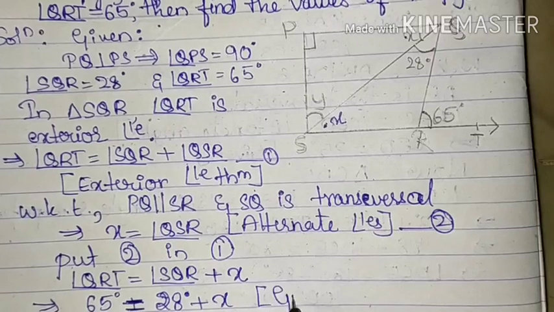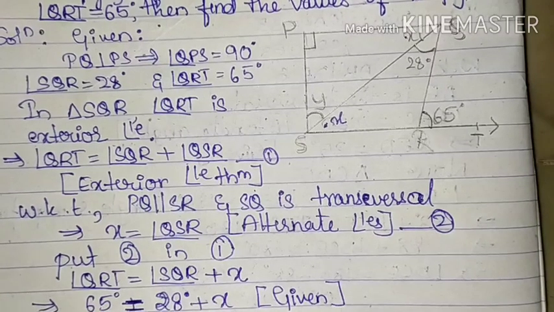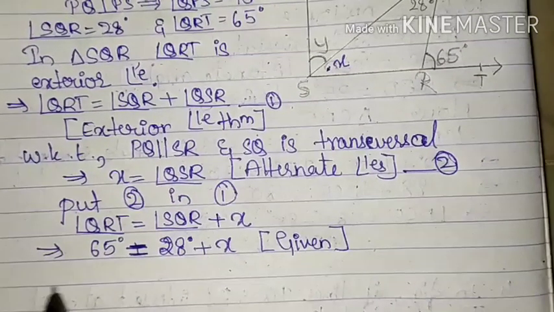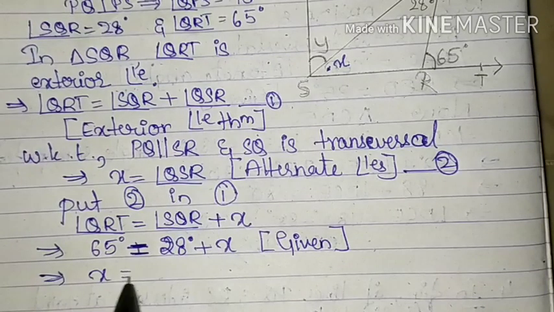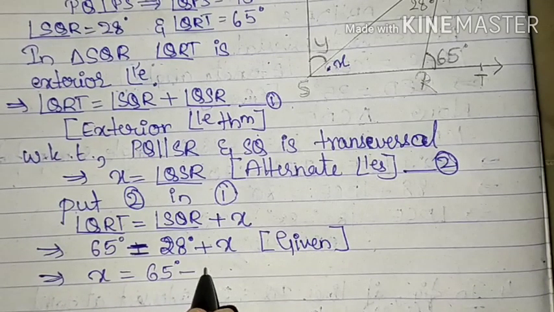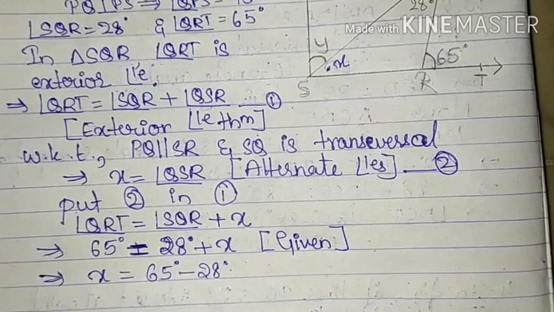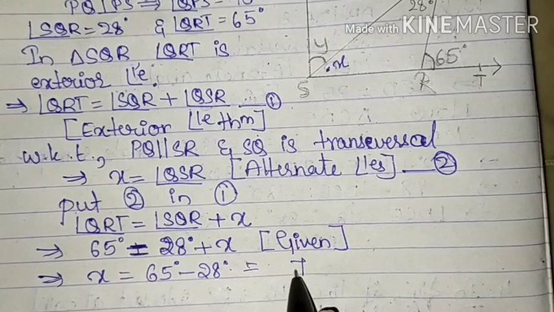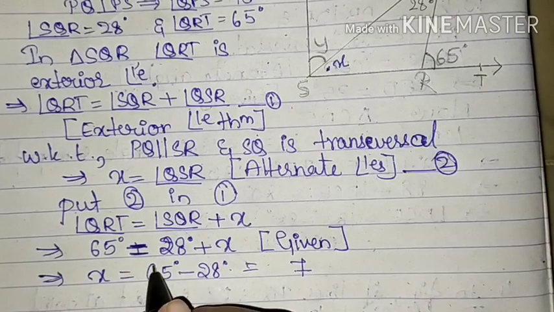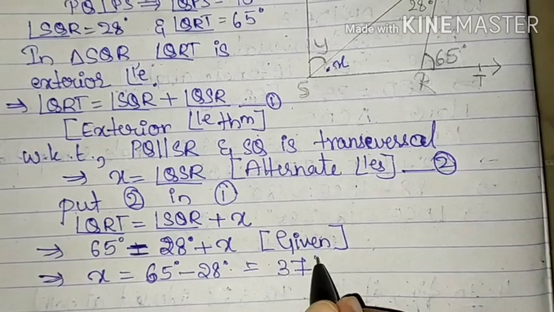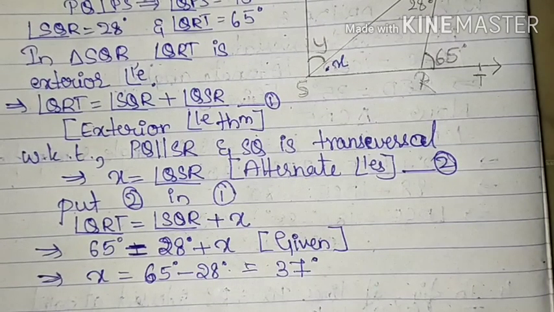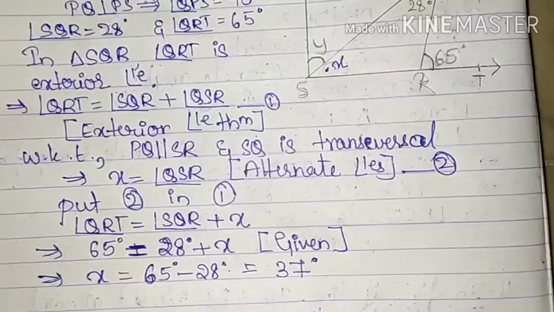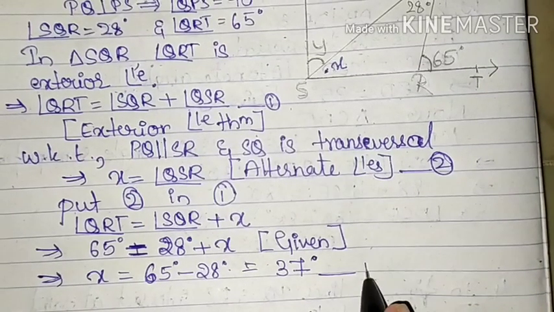The values are given. So now let us simplify for x. This implies x is equal to 65 degrees minus 28 degrees, which is equal to 37 degrees. Name this as result 1.